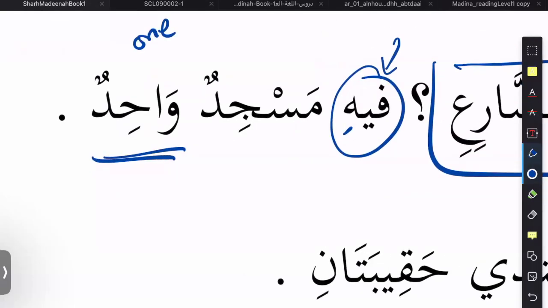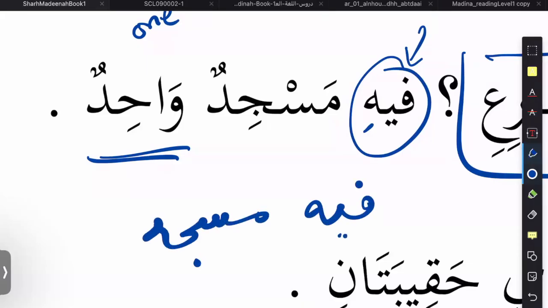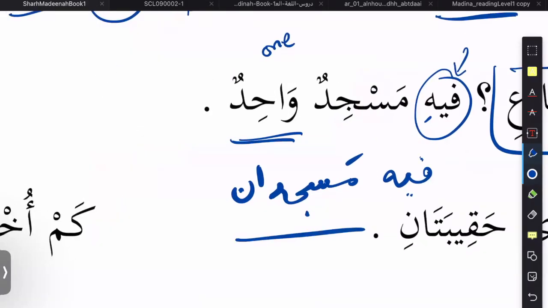The same thing would happen if you wanted to say there are two masjids. You could say fihi masjidani. Believe it or not, this has built-in emphasis to begin with, because this ani sound is very peculiar. People will know that you are talking about two.